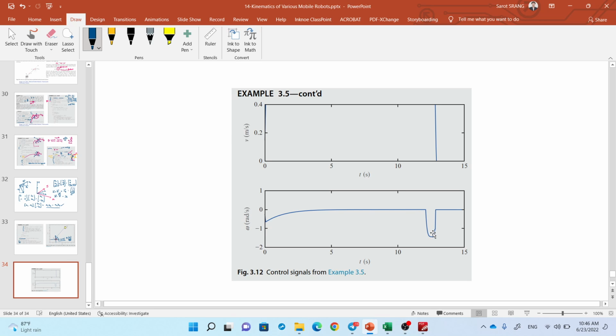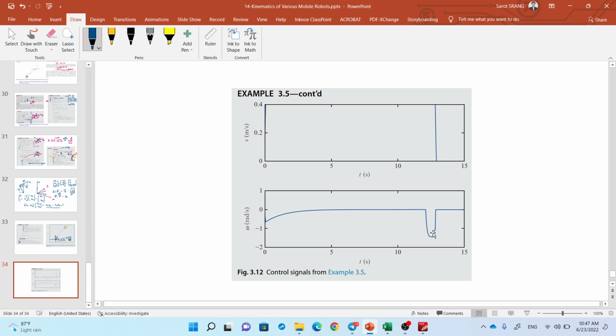Here it depends on the radius. The higher the radius, the smaller the change. If the radius is too small, then it changes sharply. And in the case of a differential wheel, if we change at one point immediately, the change looks like a spike, right?